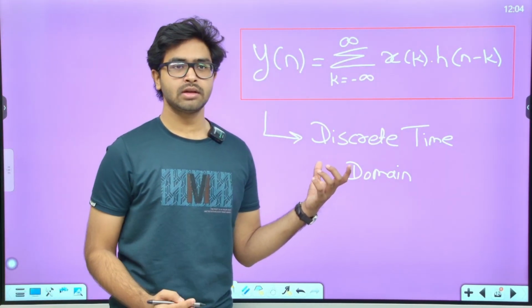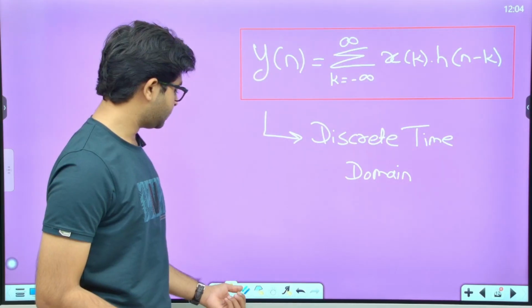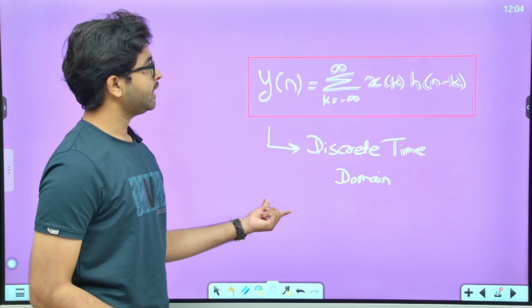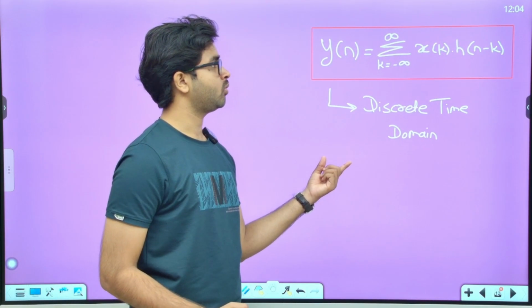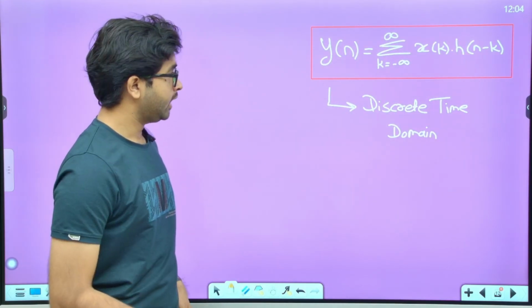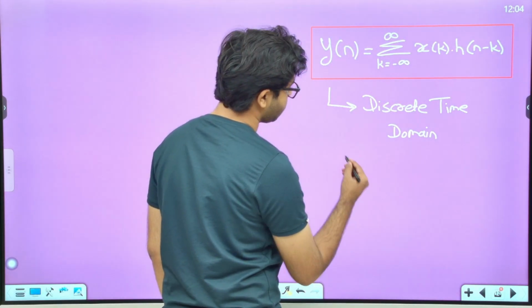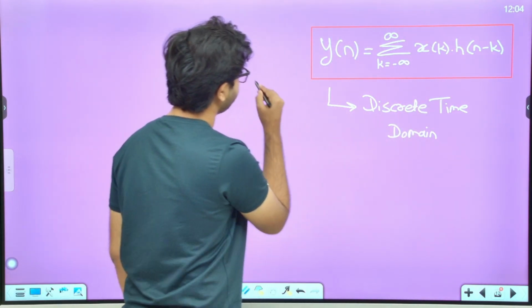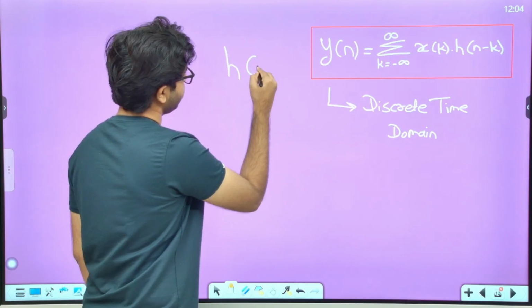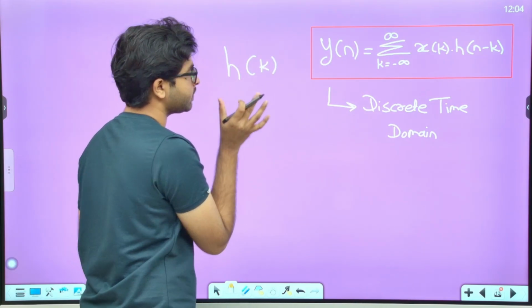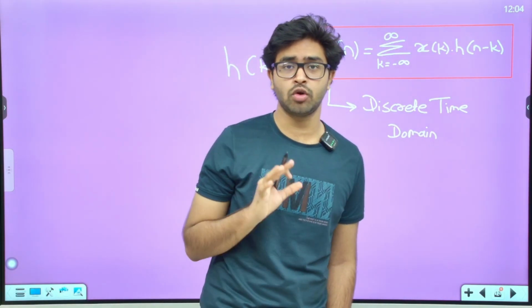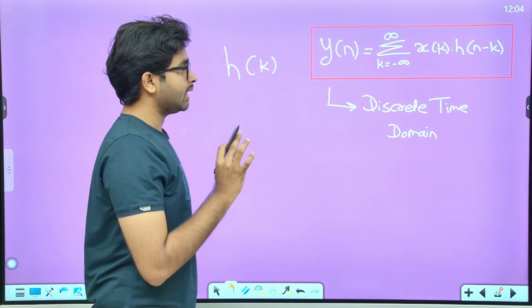Let's analyze this formula further because this is a very important formula. There are various operations involved in this formula. The first part is h of k, the original impulse response or the original signal.